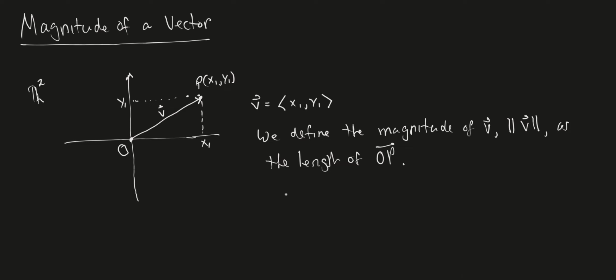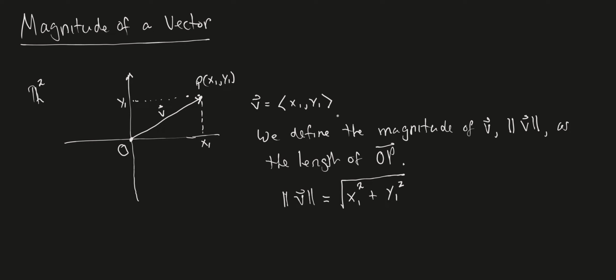The magnitude of this vector with components x1 comma y1, looking at the triangle, this length being x1, this length being y1, then when we apply Pythagoras, it will be the x value squared plus the y value squared, and then you take the square root of this. So this is the famous formula for finding the magnitude of a vector in R2.